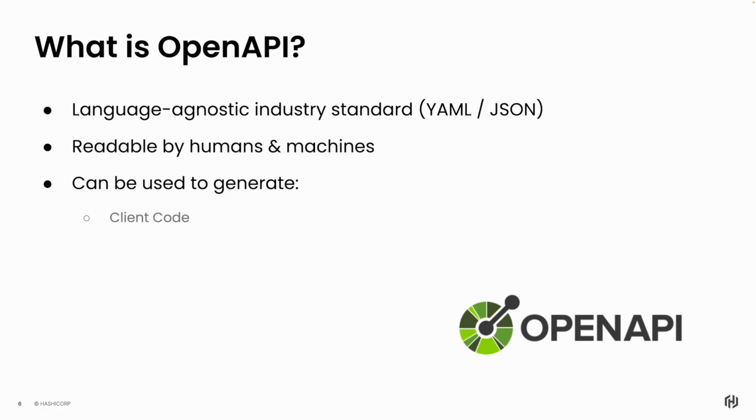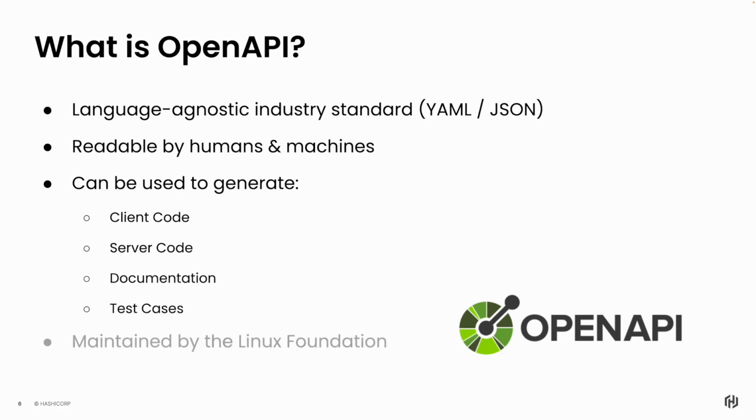But it's incredibly useful and powerful. It can be used to generate both client and server code in dozens of different languages. And it can also be used to generate documentation or even automated tests. It is currently maintained by the Linux Foundation as part of their OpenAPI initiative.